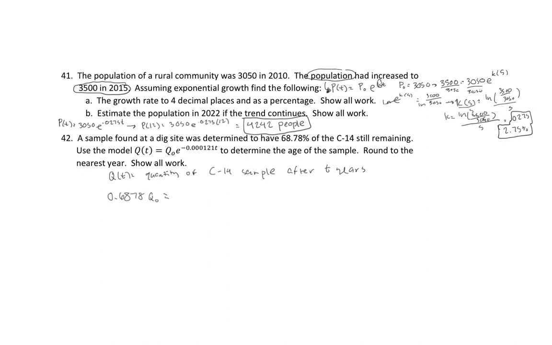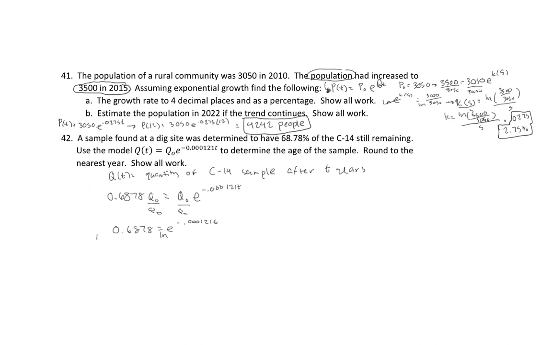That's equal to the whole equation, Q naught times e to the negative 0.000121 t. Now we're just solving for t. We divide by Q naught on both sides, so we get 0.6878 is equal to e to the negative 0.000121 t.